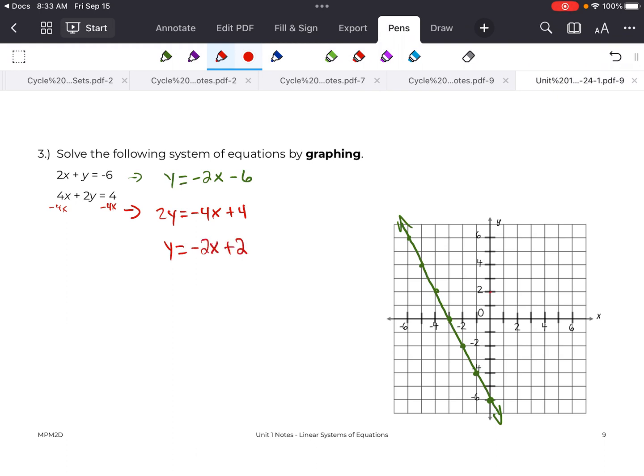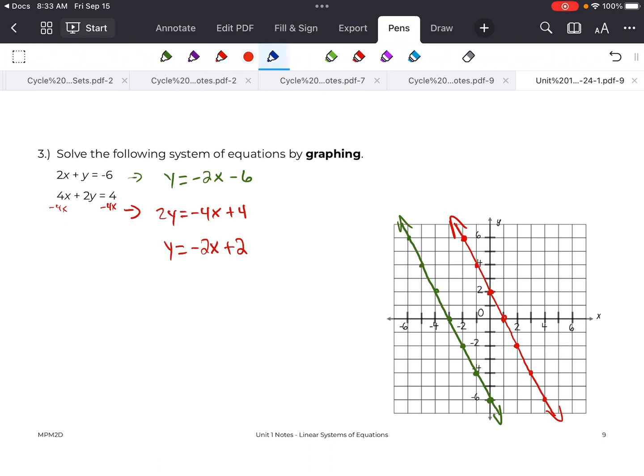So if we graph this, plus 2, again the slope of negative 2. Okay, so substitution, elimination, or graphing, we never find a point of intersection with these because they are parallel.